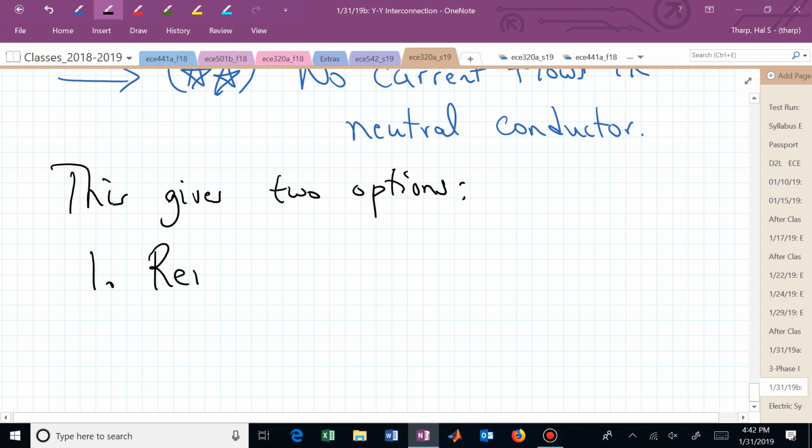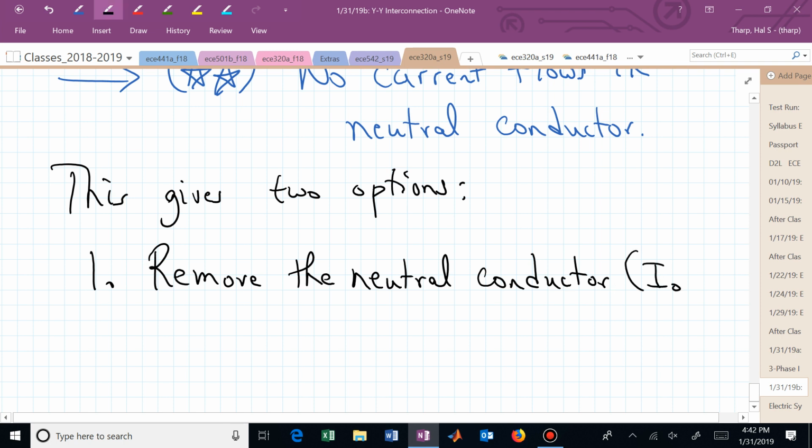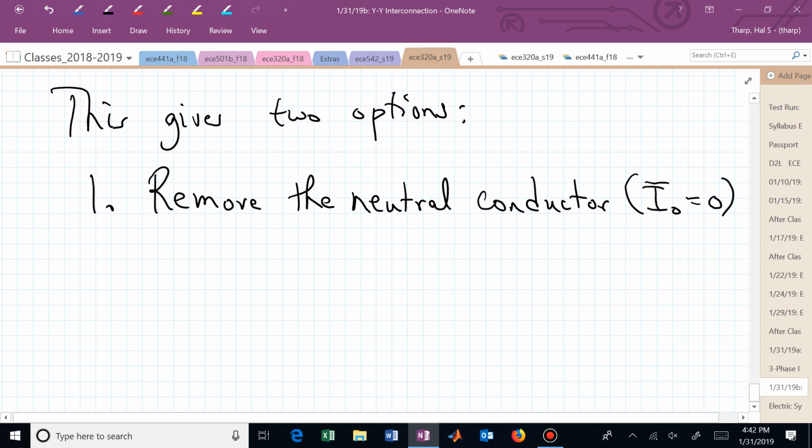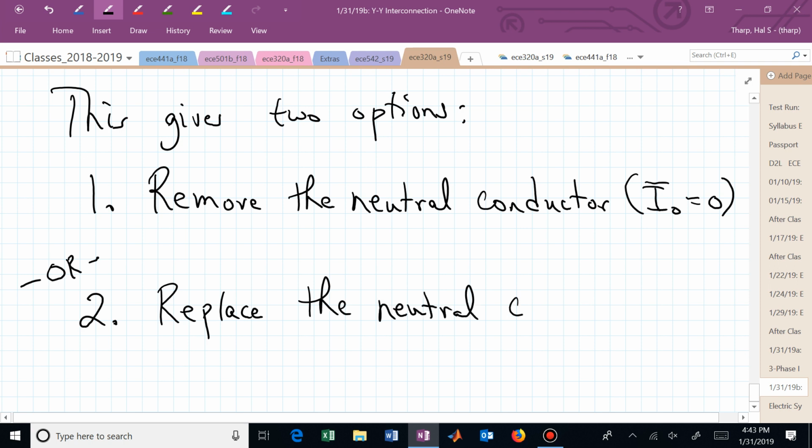We could simply remove the neutral conductor, since we don't need to keep track of that current, it's 0. Or we could replace that neutral conductor with a perfect short circuit since the voltage is 0.